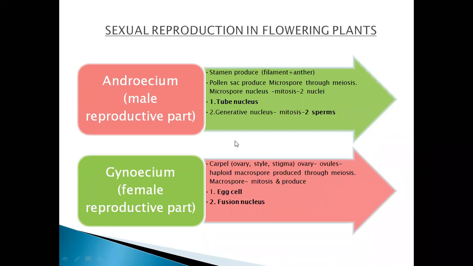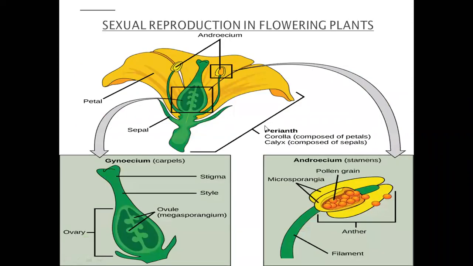As these pollen grains reach here, they need to reach this point. For going towards this point, they need to make a tube-like structure here, and for that purpose it has the tube nucleus, right? On reaching the stigma, the tube nucleus of the pollen grain constructs a pollen tube. It means it had one tube nucleus, which makes one tube here. That is called the pollen tube. So pollen tubes help the male gametes reach towards the ovule.